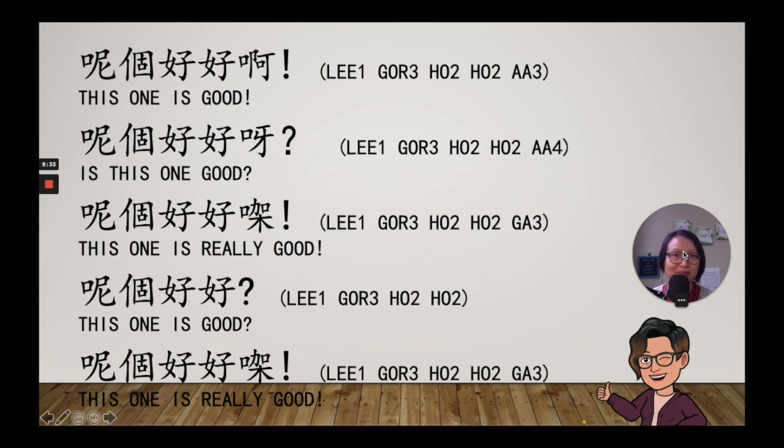Is that good? So it could be a very easy way to make a sentence become a question. And then Mr. Tiger just says, yeah, 呢個好好㗎。And if you want to say really good, then you have to emphasize like 好好㗎。And then the person will say, oh, okay, yeah, I get it now. So it is really good. So this is the power of the radical and the words, to emphasize a sentence and to show us the meaning.